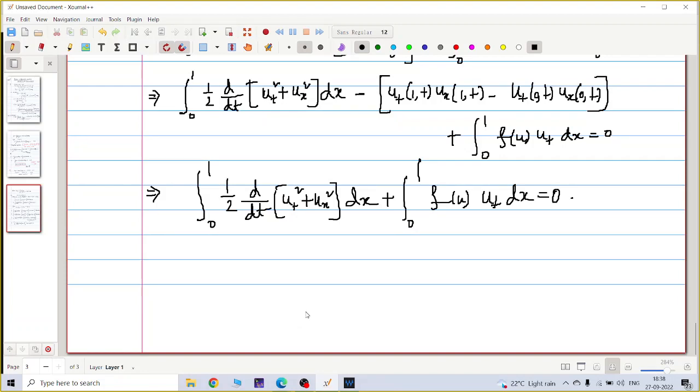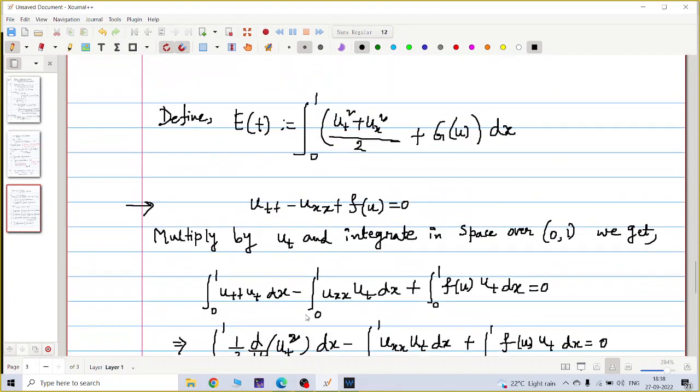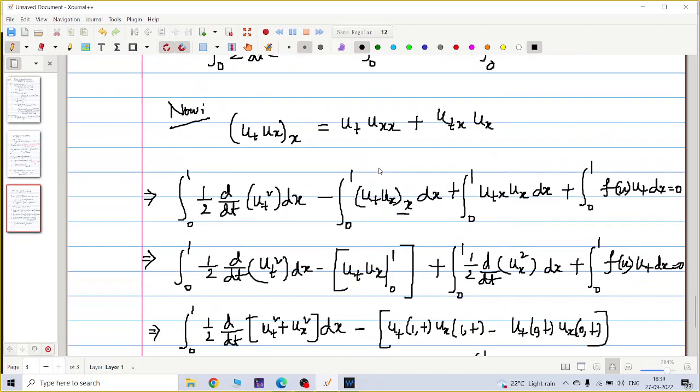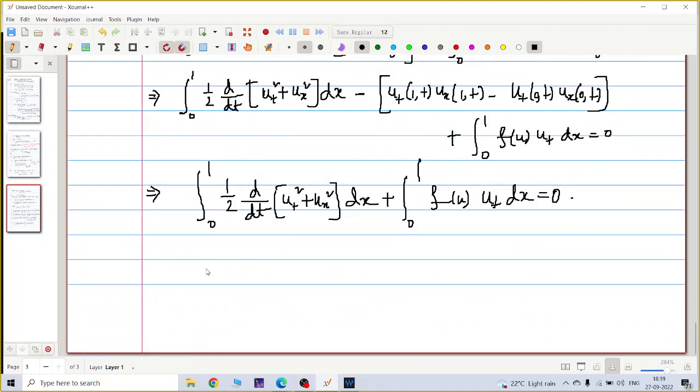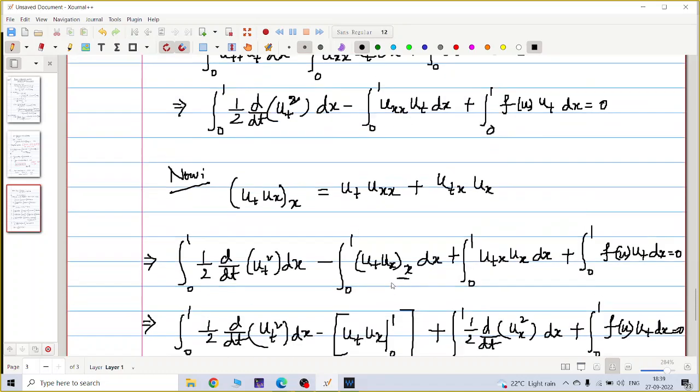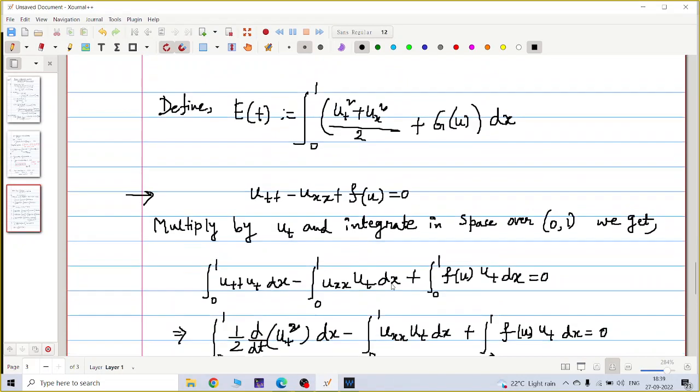Now what I will do, I want to compare this with my E, capital E, and E is given as half of ut square plus ux square plus g of u. So what is my E dash? E of t is half of integral 0 to 1 of ut square plus ux square dx plus integral g of u dx.